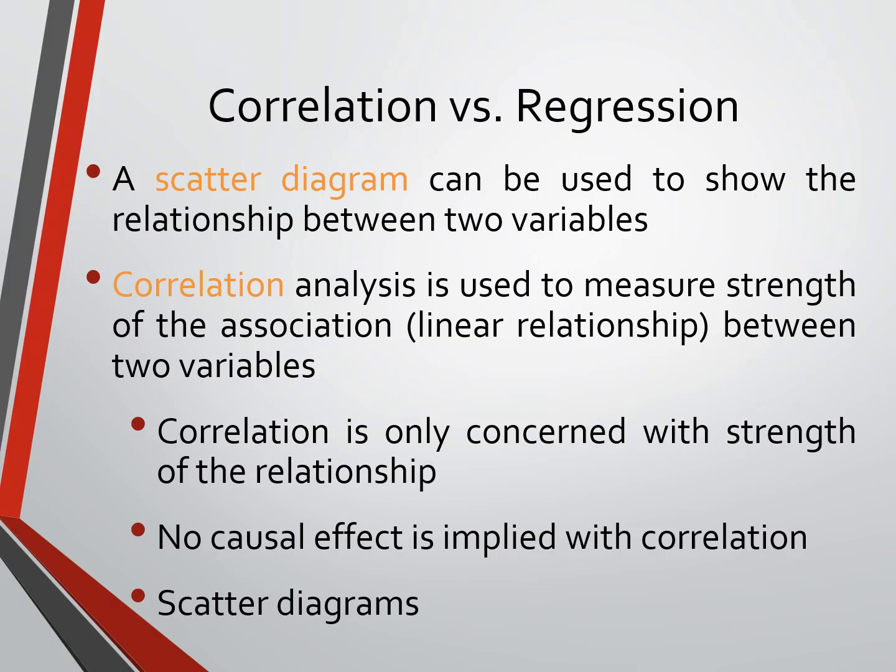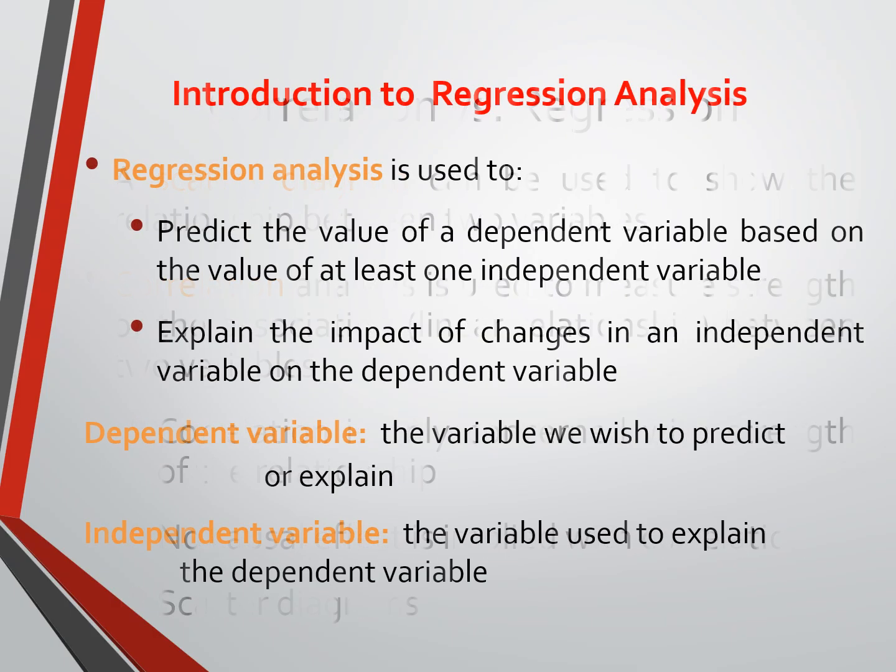But in practical life, the height of an individual depends on age, then the DNA of his family, and everything plays a role, or the physical activity or the game he plays. So more than one variable is affecting.